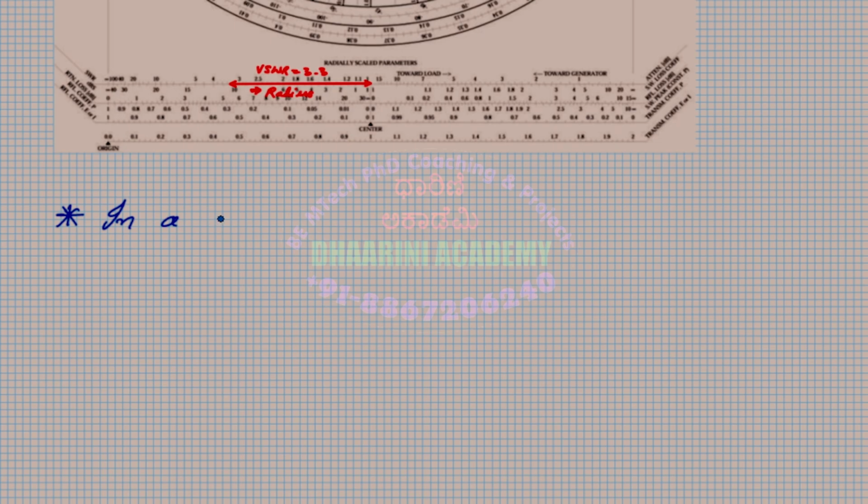In a transmission line, VSWR is equal to 1.6 at frequency equal to 1 gigahertz.